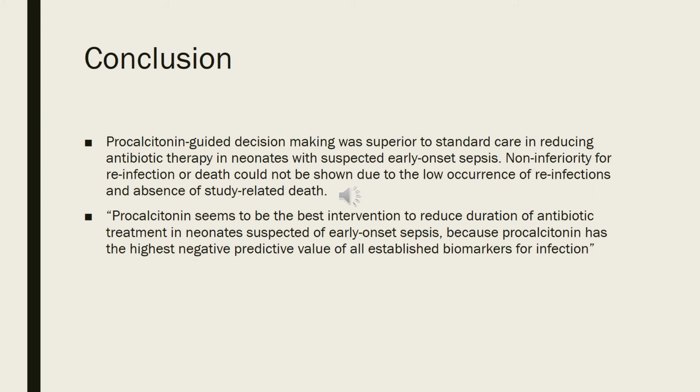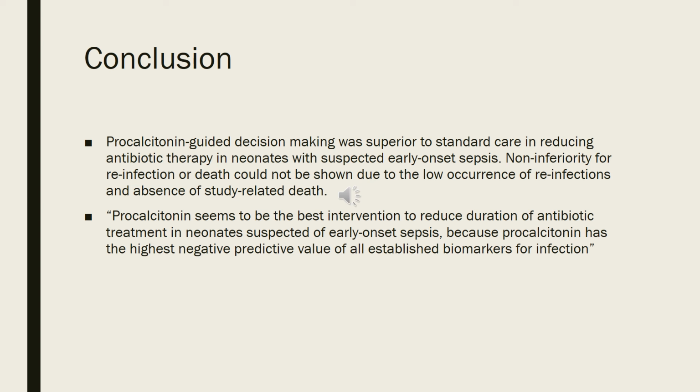So as far as their conclusion, they did conclude that using procalcitonin guided decision making was superior to standard care in reducing antibiotic therapy in neonates with suspected early onset sepsis. Like I was saying earlier, non-inferiority for reinfection or death cannot be shown due to the low occurrence of reinfection or an absence of study-related death.